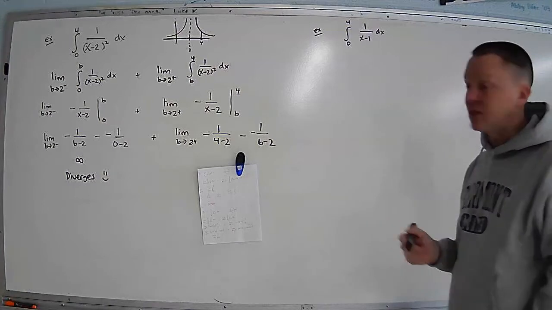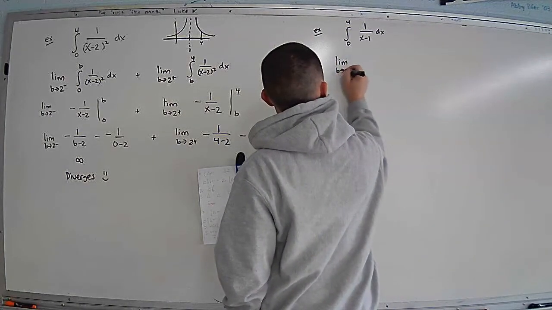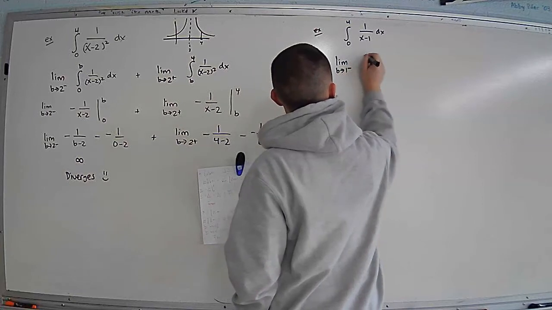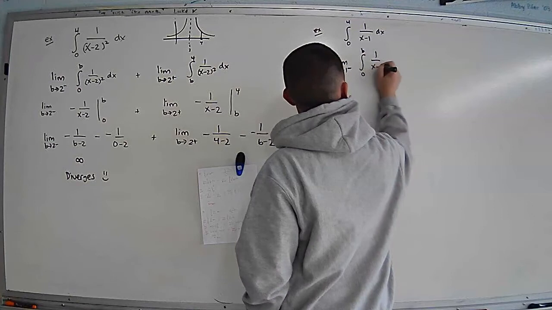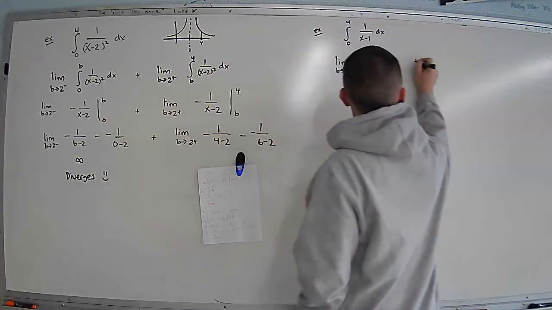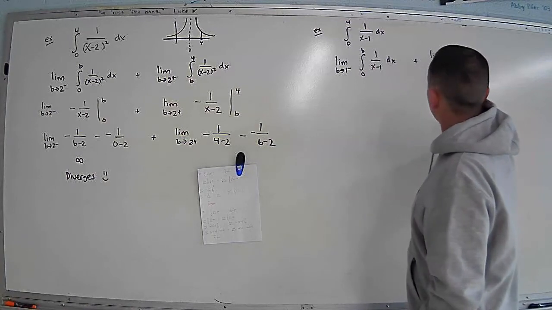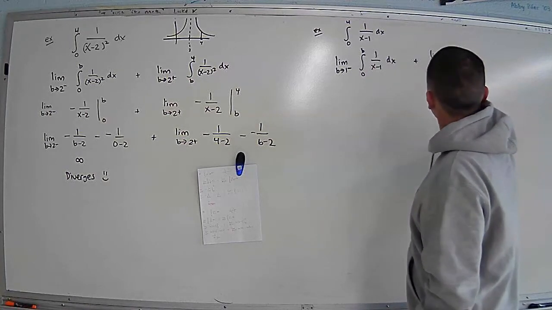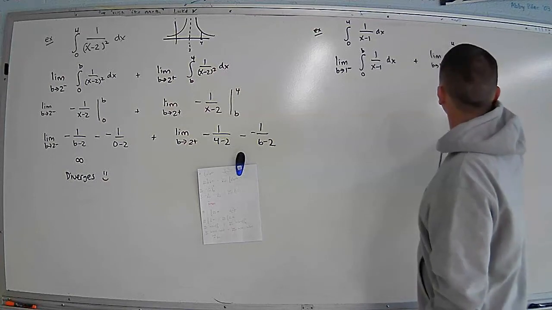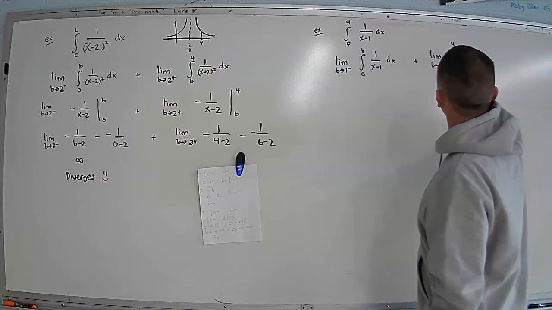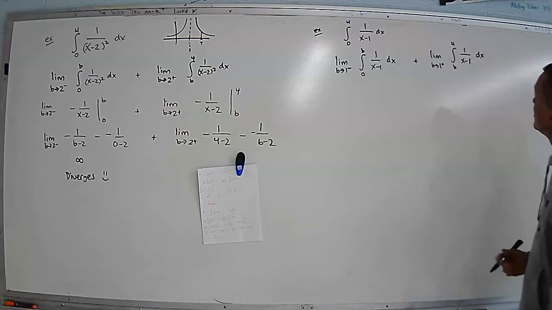And it is at x equals 1. So we'll do the limit as b goes to 1 from the left. You go from 0 to b of 1 over x minus 1. And then we'll add to that the limit as b goes to 1 from the right, and then go from b to 4. So we're basically just breaking up that interval into two pieces.